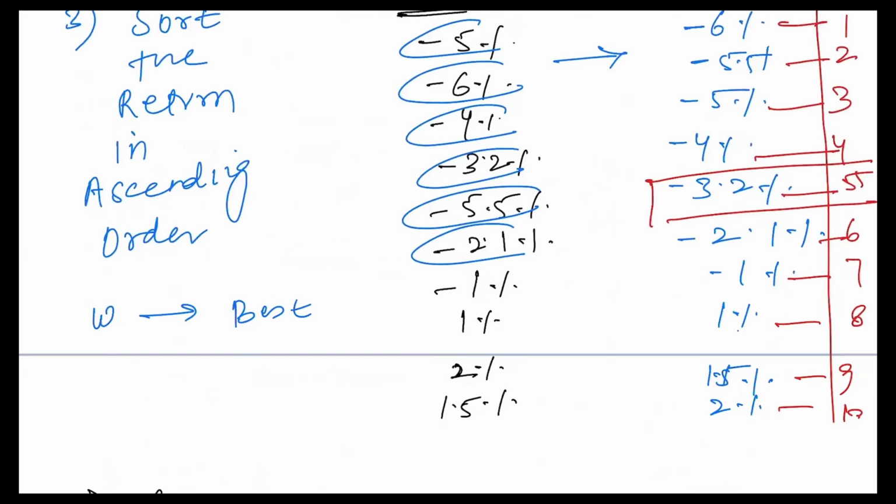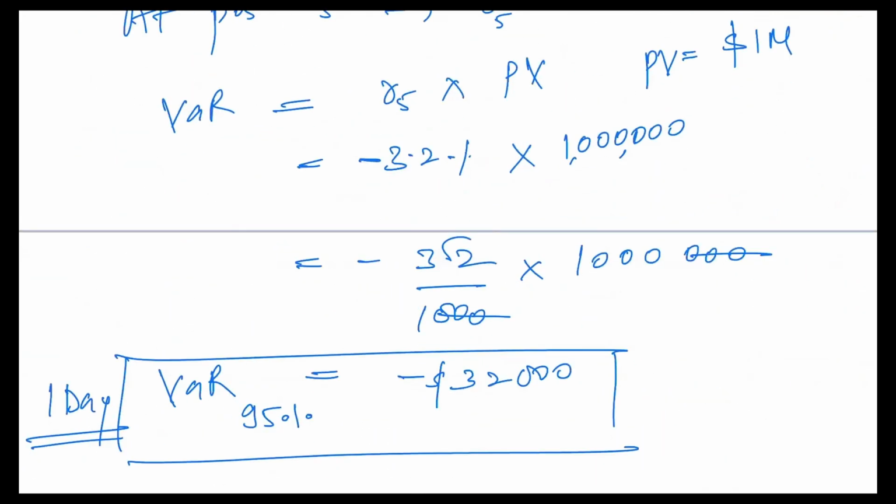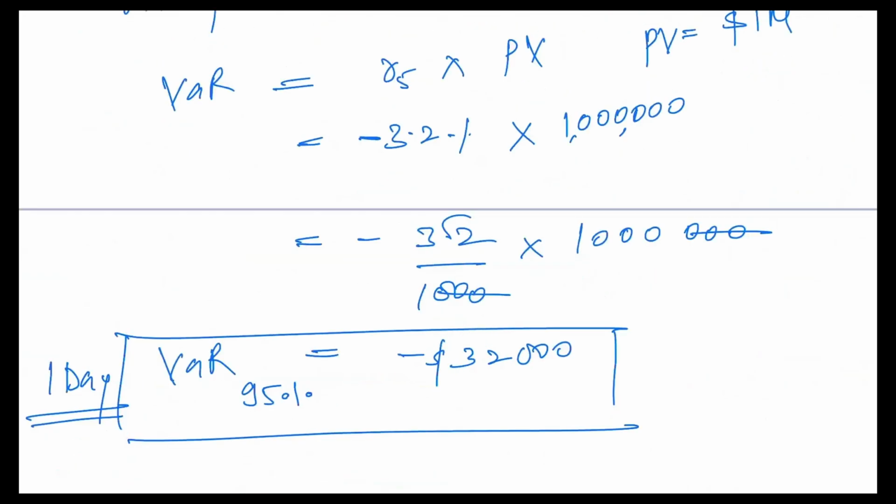So in this case, it's negative 3.2%. So you need to multiply the return at that position with the portfolio value to arrive at the 1 day value at risk at 95% confidence interval. So this was all about the theory. Let me walk you through the practical Excel implementation of the same.